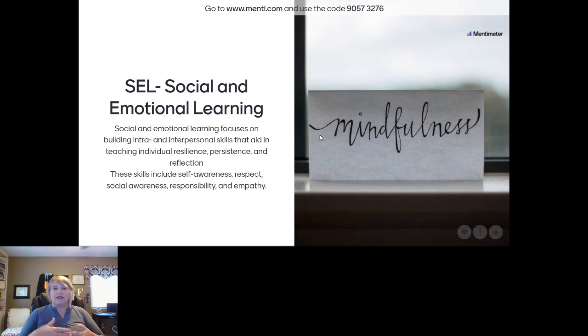So often that includes self-awareness, being cognizant of your behavior, respect for others, social awareness, knowing what's going on around you, being aware of the impact of it, your responsibility as a student, and then empathy.